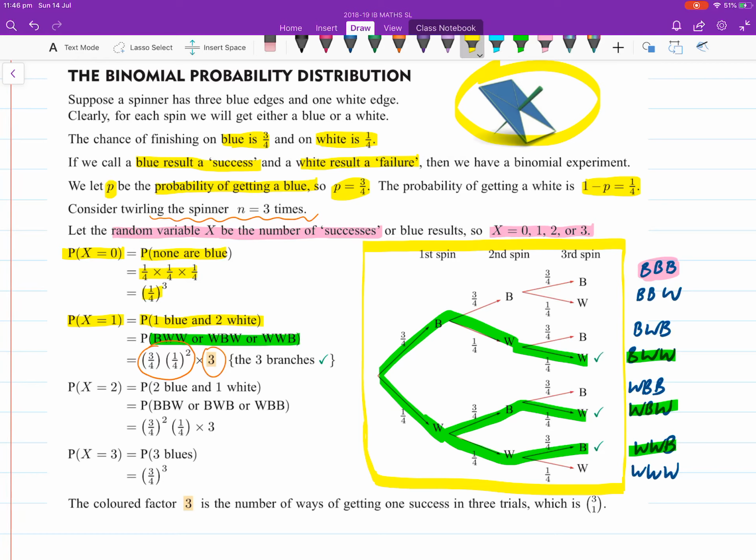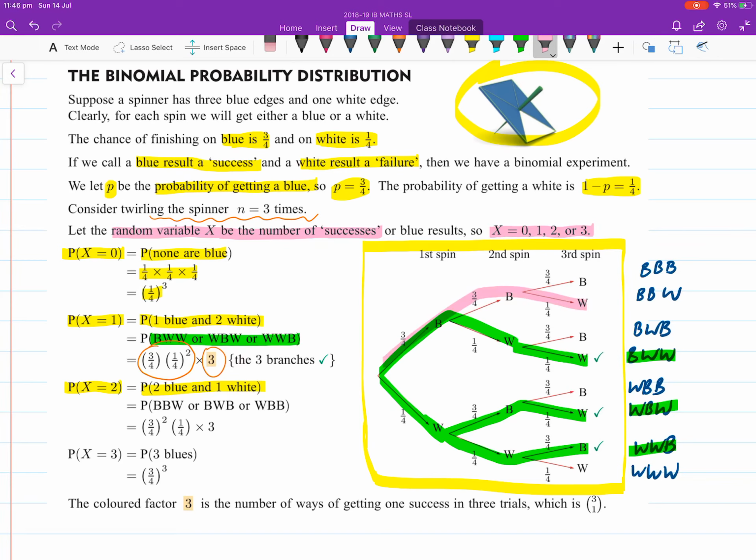And then here you've got the probability of X equals 2, or getting 2 blues and a white. Now let's see how many ways there are of doing that. Let me just rub out this pink bit, otherwise you get confused. Okay, so now we're going for 2 blues. Where's 2 blues?